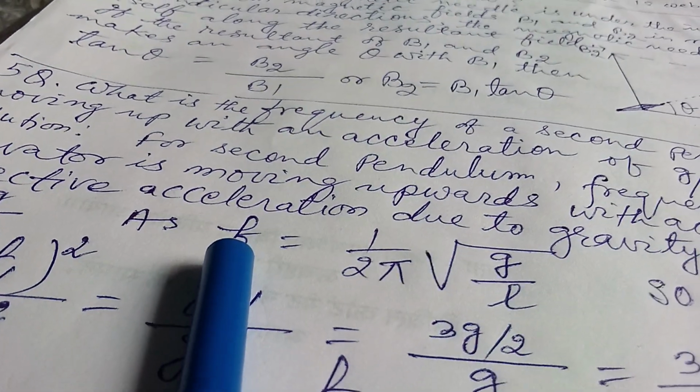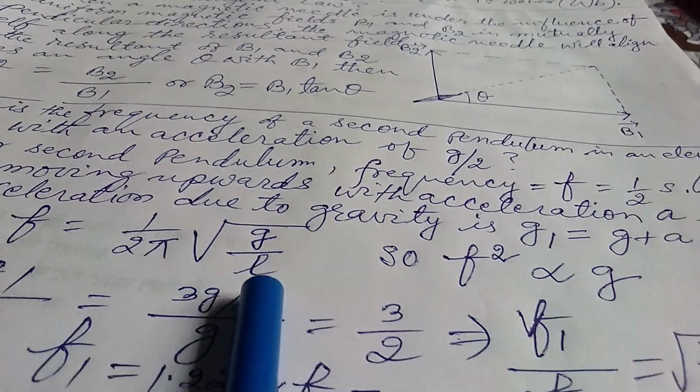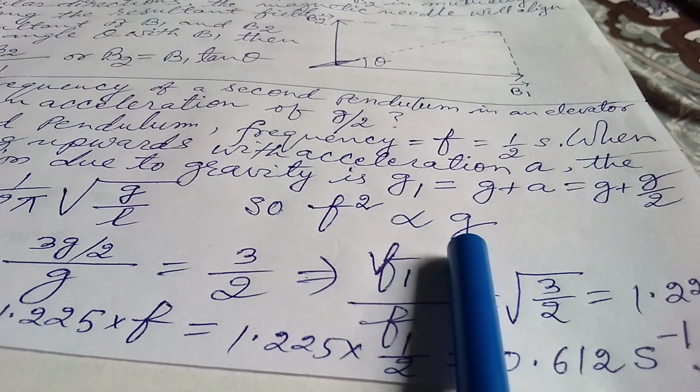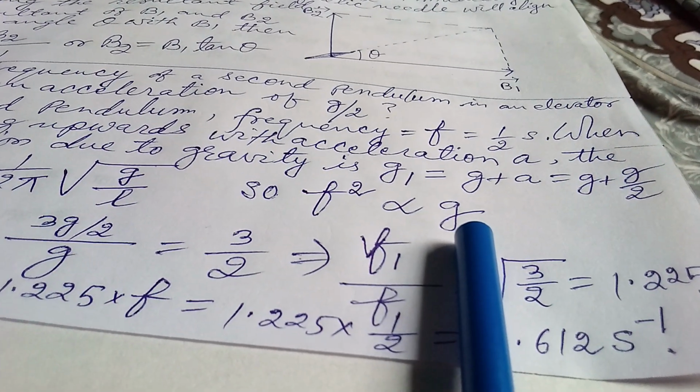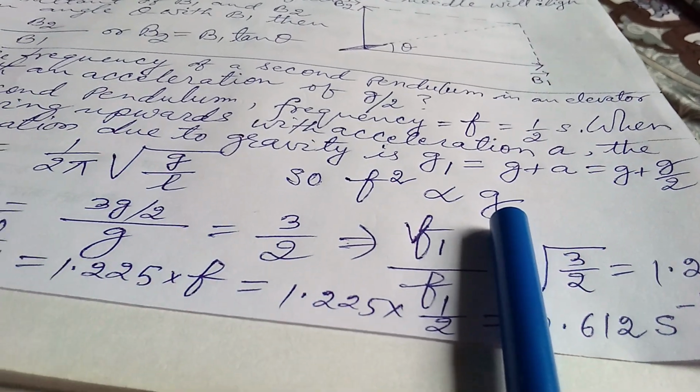As we know, frequency f equals 1 by 2 pi square root of g by l. So f squared is directly proportional to g. That means f squared is directly proportional to the acceleration due to gravity.